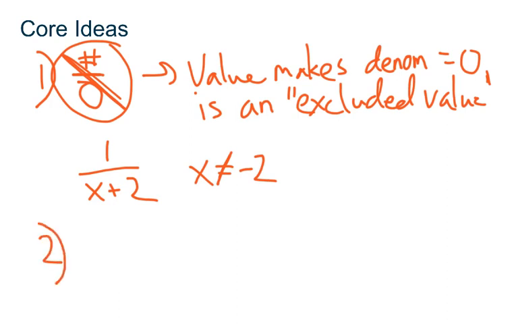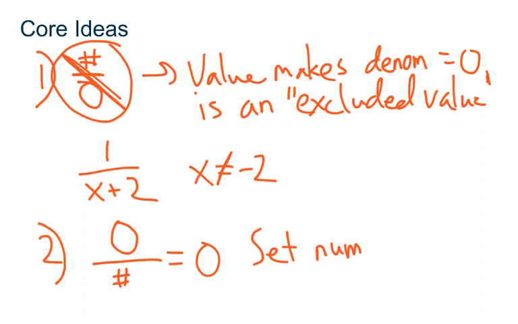Second core idea plays off of that. If you have 0 over some number, that equals 0. And so if we want to find the zeros, you set the numerator, which we'll abbreviate just numer, equal to 0.